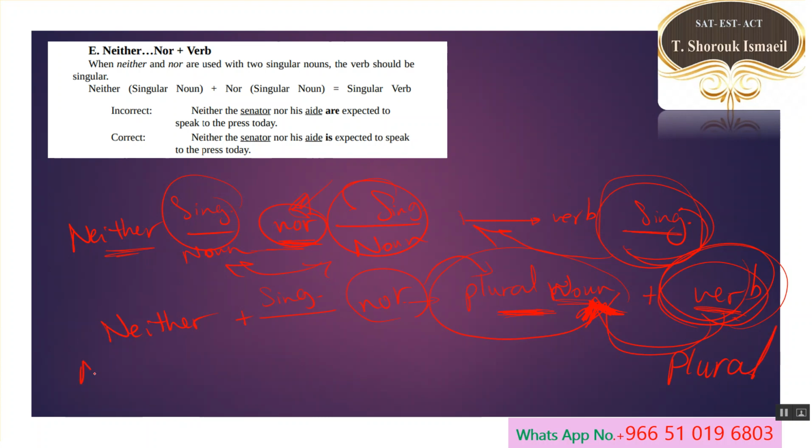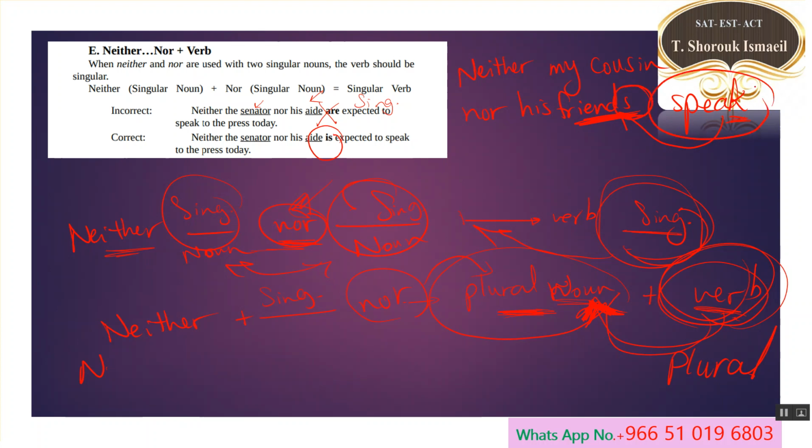Like when I say "neither the senator nor his aide are" is wrong, because the noun is singular, so the verb has to be singular. But if I tell you "neither my cousin nor his friends speak Japanese", why is it plural here? Because in such a case the verb follows its closest noun, and the closest noun to it is plural.